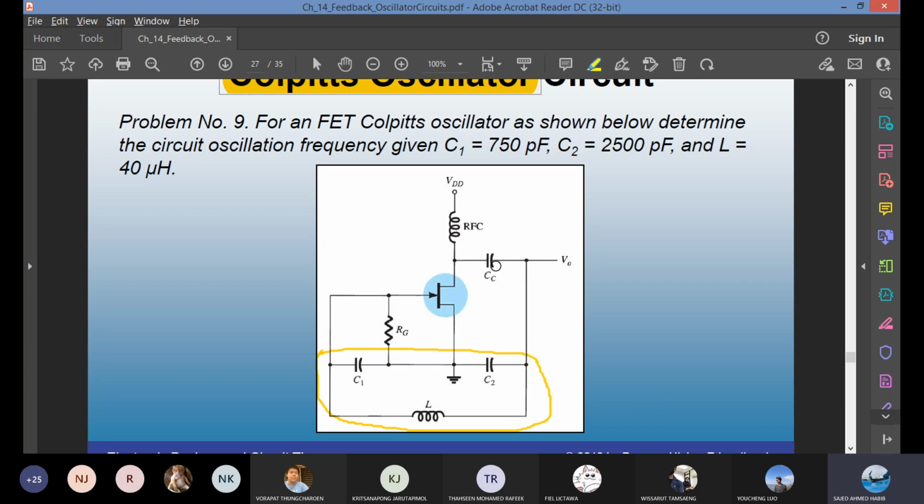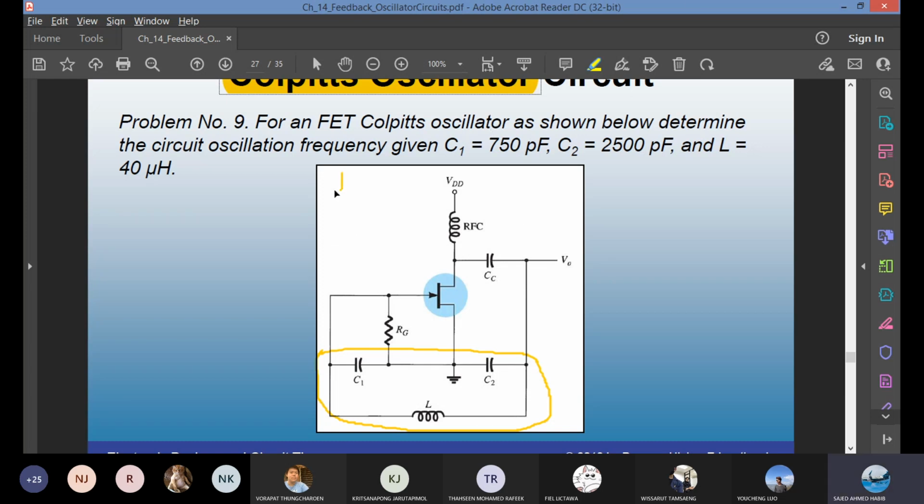This is, I think, example number 14.9 or 15.9. Never mind. Given the Colpitts oscillator, there are two capacitor values given. They are not the same. C1 is 750 picofarad. C2 is 2500 picofarad. L is 40 microhenry.